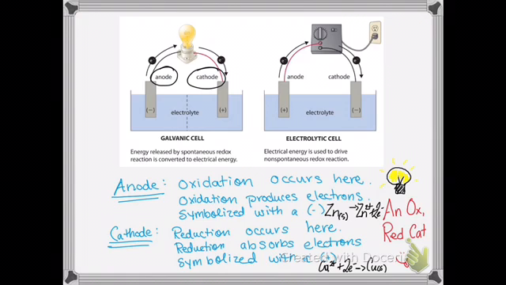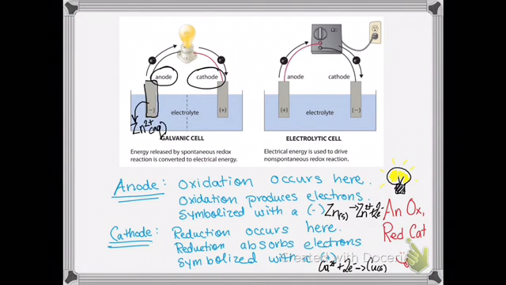So you literally have chunks of zinc falling off of the actual metal piece, this anode, and becoming zinc ions in solution. So this electrode is actually losing mass because the metal literally falls off and goes into solution. And then the opposite is true for the other side.